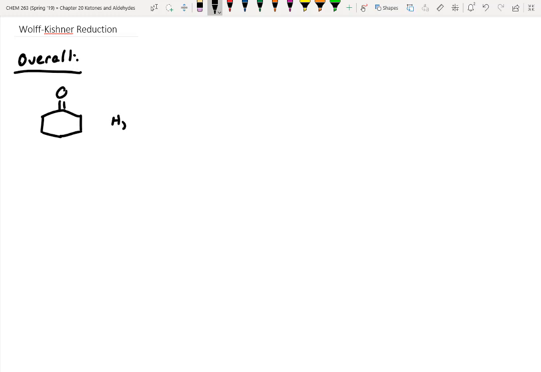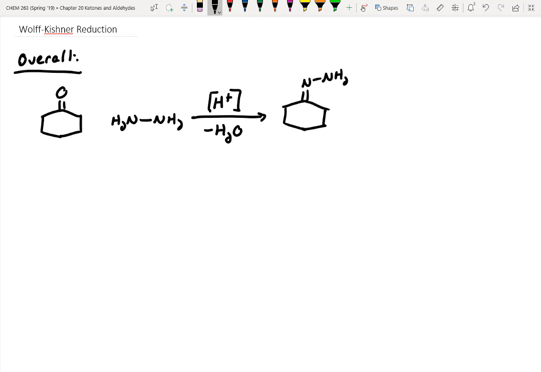And just like I said before, you can have a ketone or an aldehyde, doesn't really matter. You treat it with hydrazine, and under the appropriate acidic conditions, if you remove water, you can make your imine, which is technically called a hydrazone.